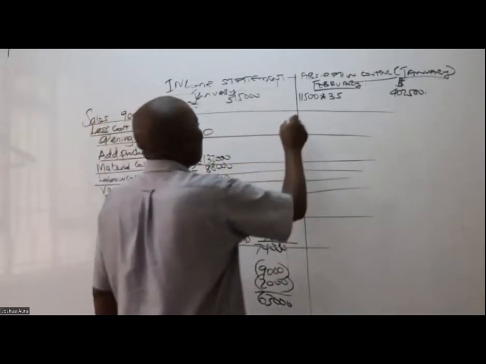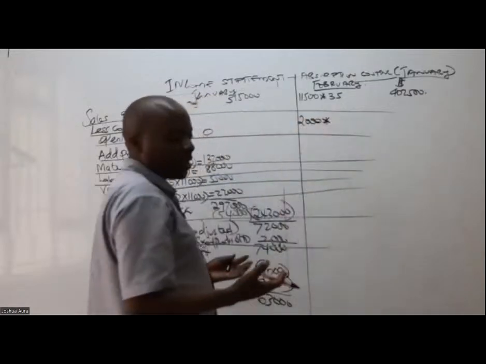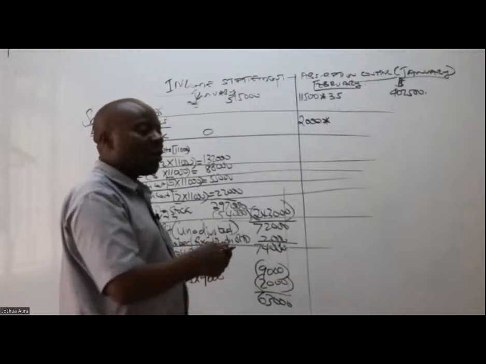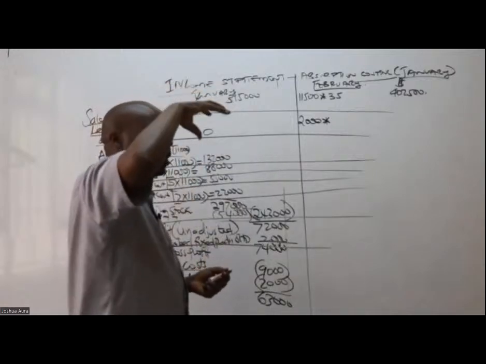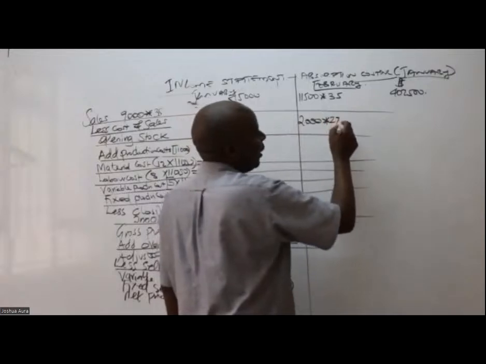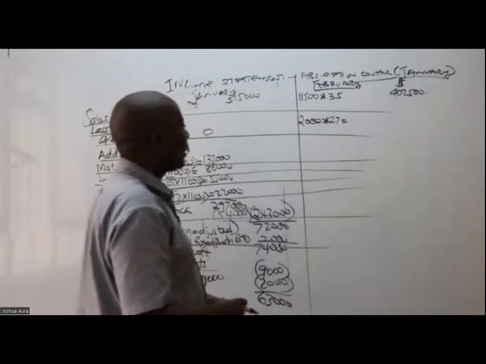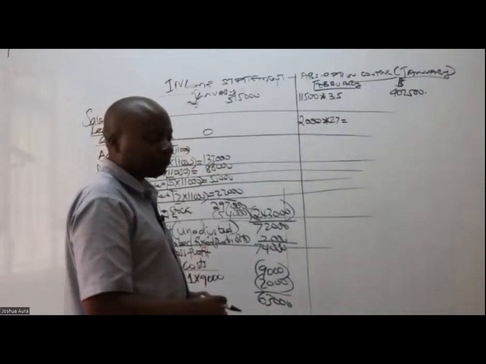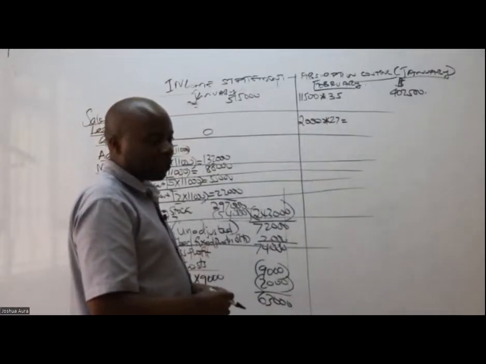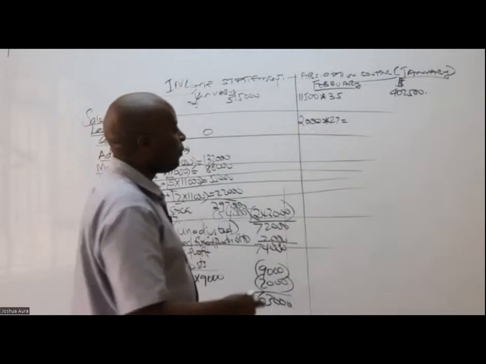So here we have 2,000 at what valuation? Remember, we have our standard cost card for valuing stocks. Each unit of stock is normally valued at 27. So 2,000 times 27 gives me 54,000.